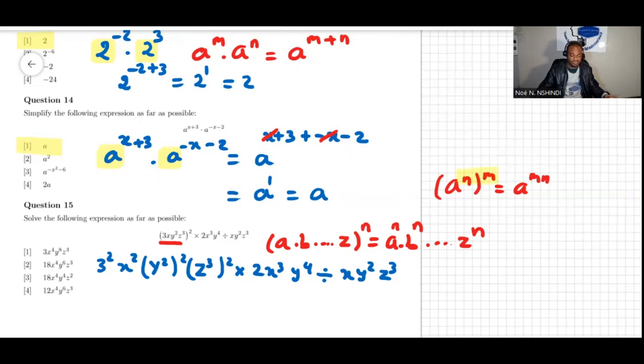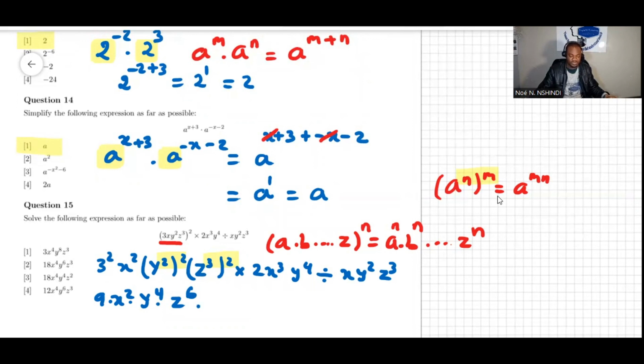This would be 3 squared is 9, x squared, and then y, we times the exponent like over here, it's going to be y to the power of 4, and then z to the power of 6. And when you don't see any dots, understand it's times.